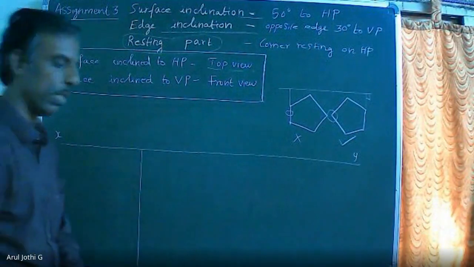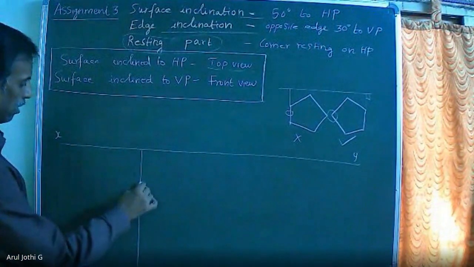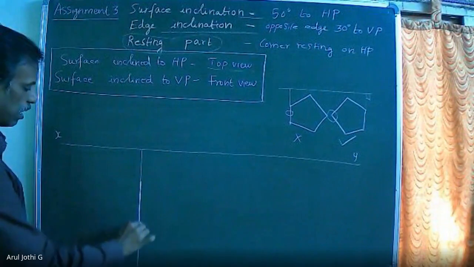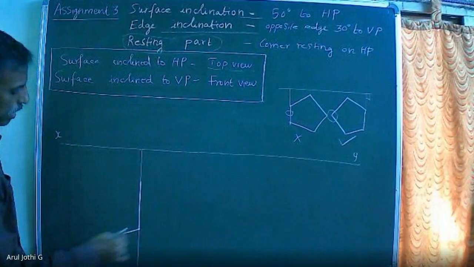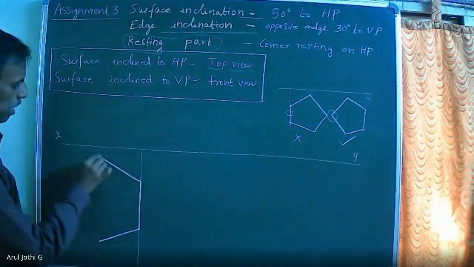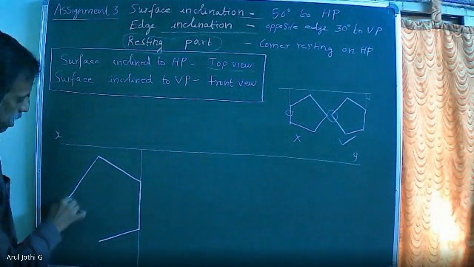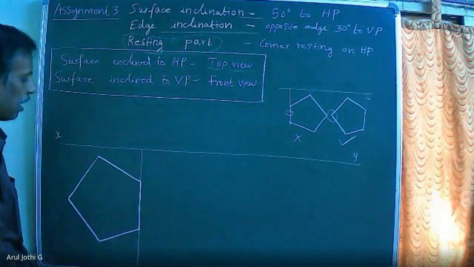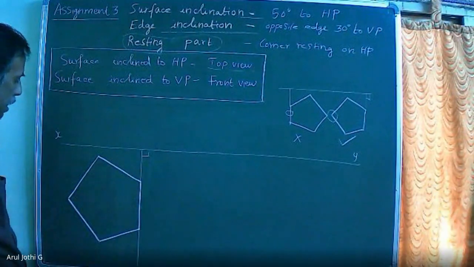Already we know how to draw the pentagon. So draw the base side 30 mm, with 72-degree inclination. So draw the pentagon. This angle you have to maintain 90 degrees.